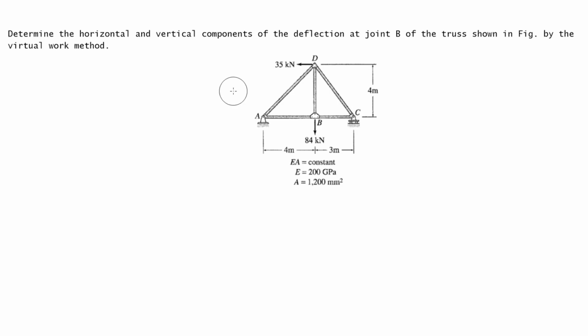So we will use the virtual work method, and we are looking for the horizontal and vertical deflection at point B.